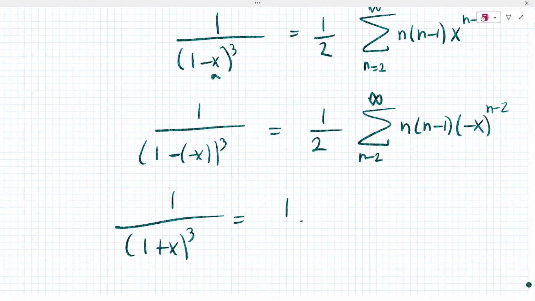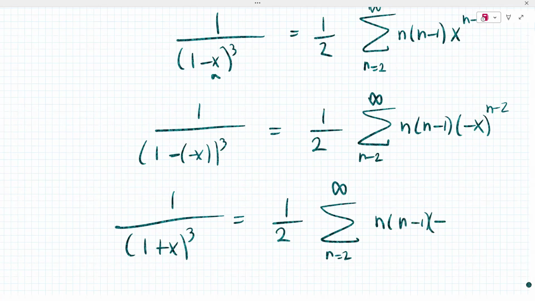equals 1/2 of the summation n equals 2 to infinity of n times n minus 1 times negative 1 raised to the n minus 2 times x to the n minus 2.